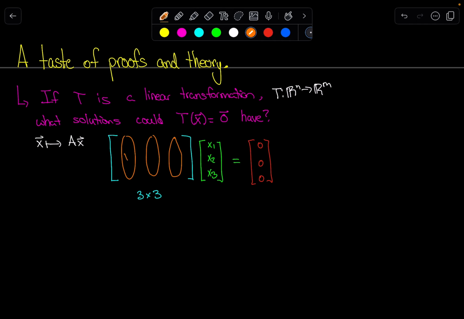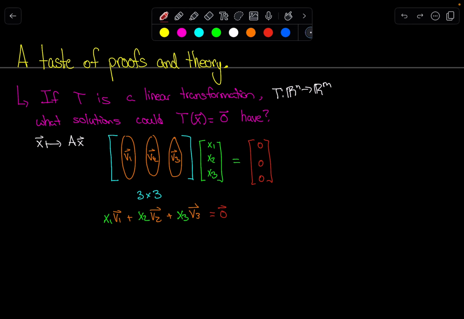If I call these vectors v1, v2, and v3, the vector equation of this is x1 times v1 plus x2 times v2 plus x3 times v3. And we want to know, does this equal the 0 vector for some x1, x2, and x3? Is there a solution?